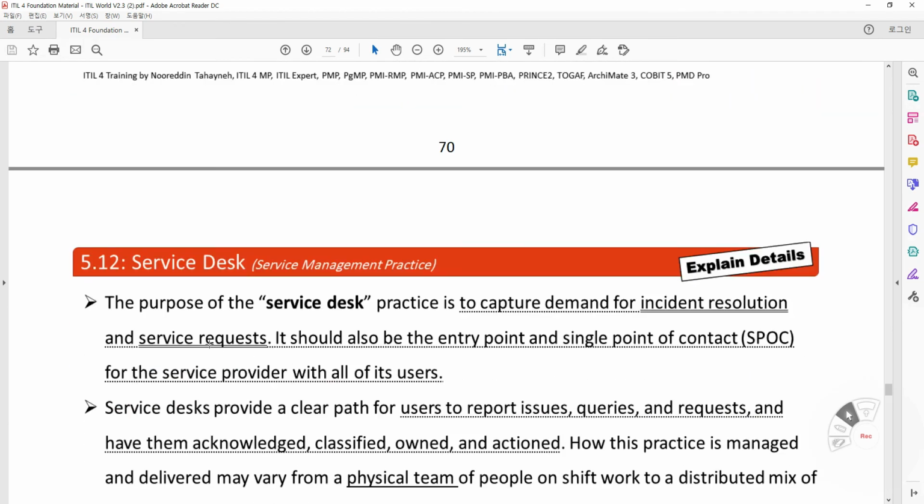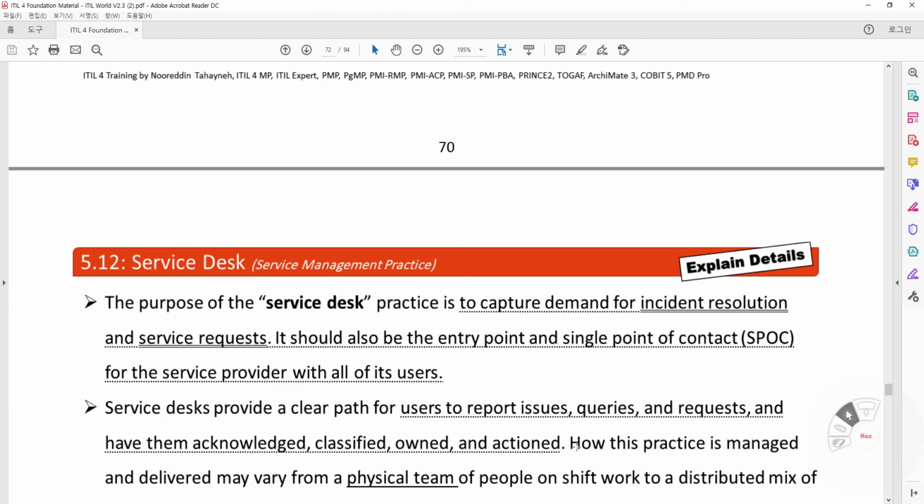The purpose of the service desk practice is to capture demand for incident resolution and service requests. It should also be the entry point and the single point of contact, SPOC, for the service provider with all of its users. Service desk provides a clear path for users to report issues, queries, and requests, and have them acknowledged, classified, owned, and actioned.